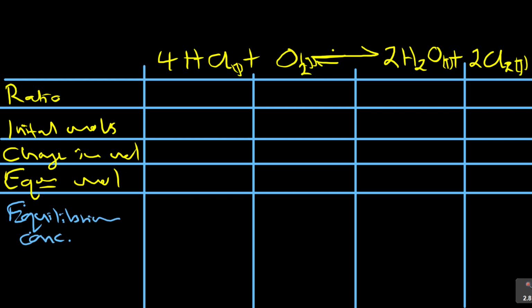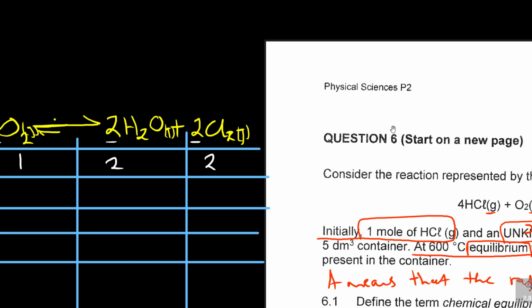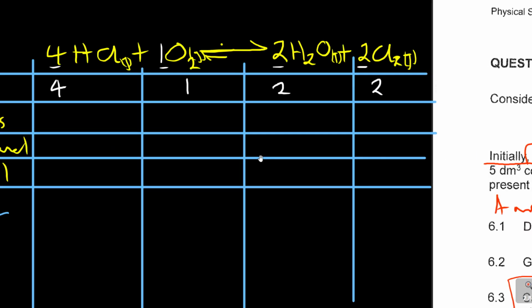Equilibrium conc, but don't forget, C is n over V. Alright, ratio, start there. We've got 4 is to 1, is to 2, is to 2. You can see the numbers 2, 2, 1, and you say 4. Initial moles, that's where it comes. Initially 1 mole of HCl, so I'll have it there.